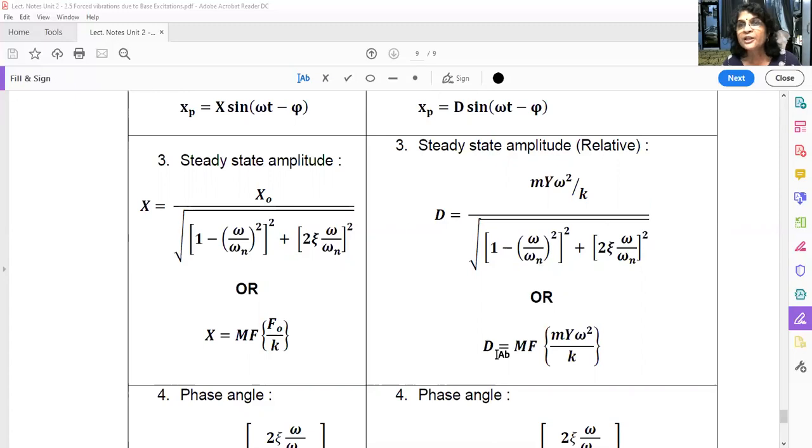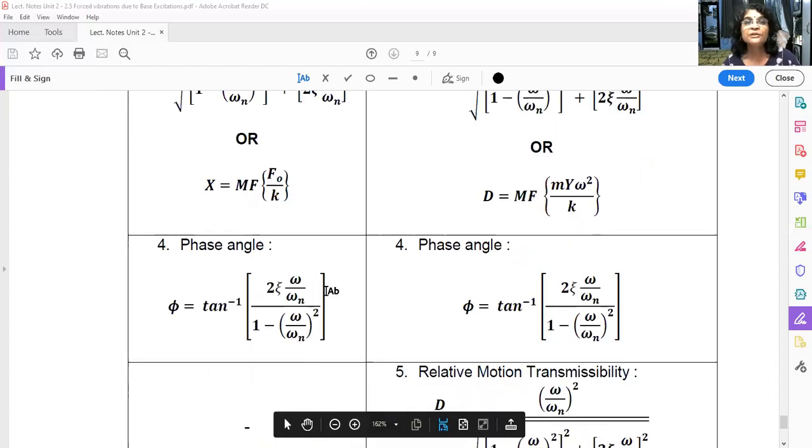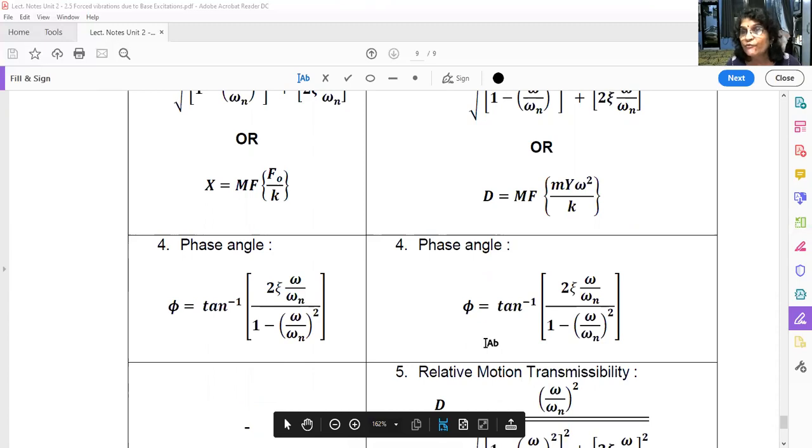So in short, we can write capital D is equal to the magnification factor, that is 1 upon this whole thing, into M Y omega square upon K. Okay. The fourth comparison is phase angle. Phi is equal to tan inverse of 2 zeta omega upon omega n, upon 1 minus omega upon omega n square. It will remain the same here also, the phase angle. It is not going to change.